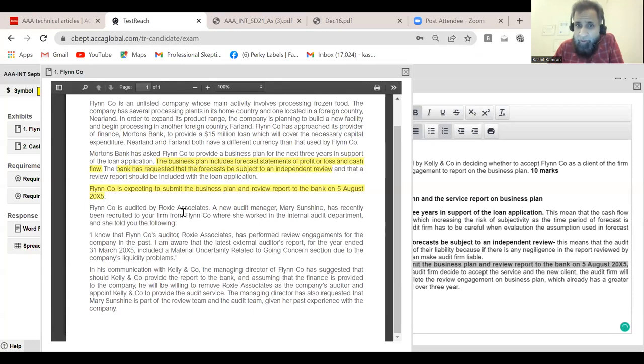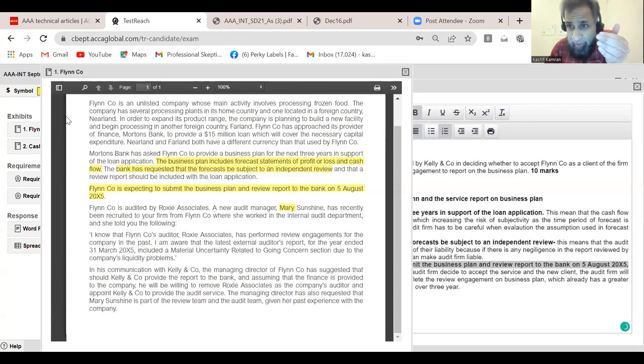A new audit manager, Mary, has recently been recruited by your firm from Flynn company, where she worked in the internal audit department, and she told you the following. Interesting. Have we appointed a new manager, Mary? And where has Mary come from? She has come from Flynn company, a new client which we are considering to accept.